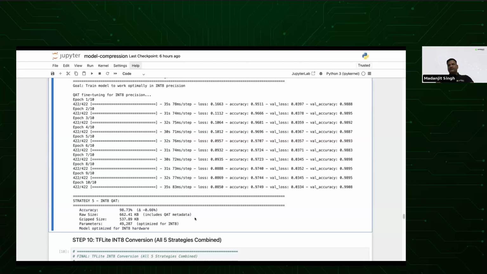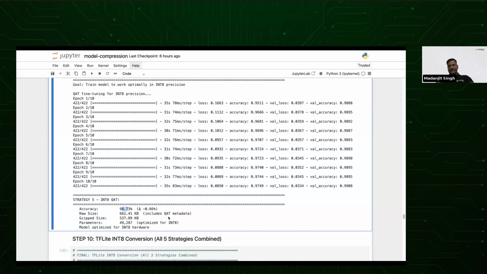For further calculation we will convert into a TF Lite model. But still accuracy is 98.73%. You could see the accuracy is maintained above 98% every time. No matter how many stages of step-by-step quantization you do, after 5 stages you're still at 98.73% accuracy.